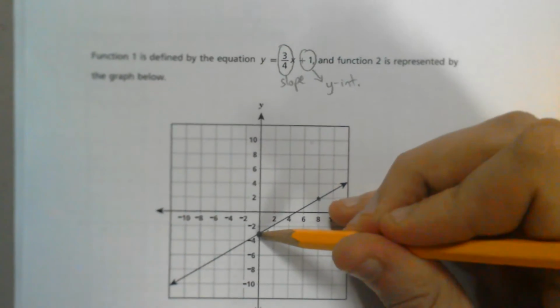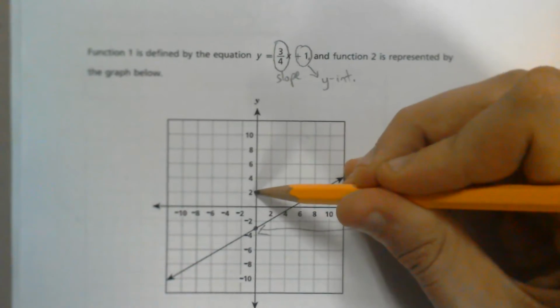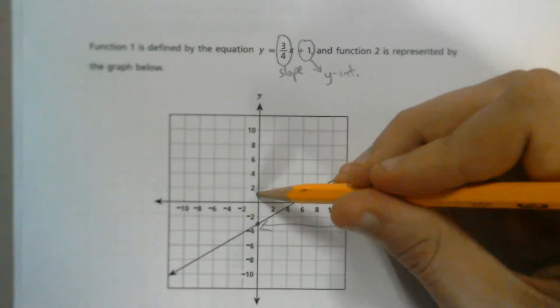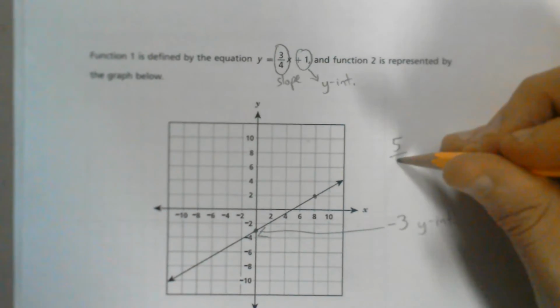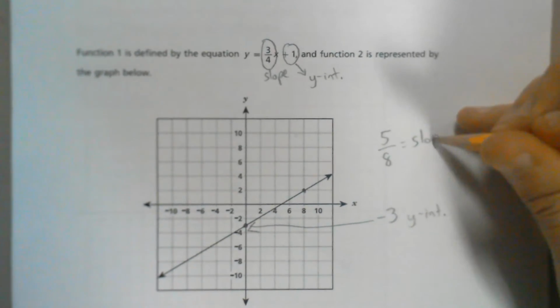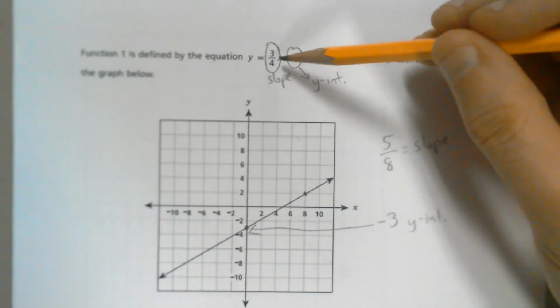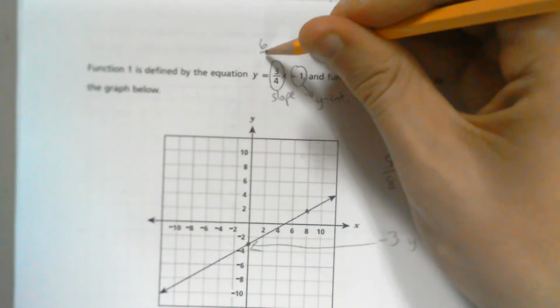From -3, go up 1, 2, 3, 4, 5, so we went up 5 units, and we went over 2, 4, 6, 8 units. So my slope is 5/8.